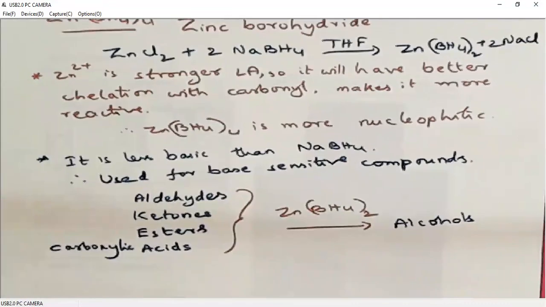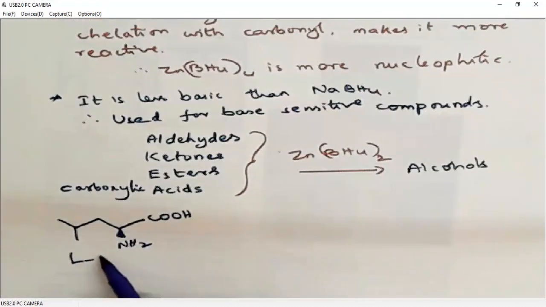So I'll give you an example of zinc borohydride reduction. This is an amino acid because it has an isobutyl group. It is called L-leucine.